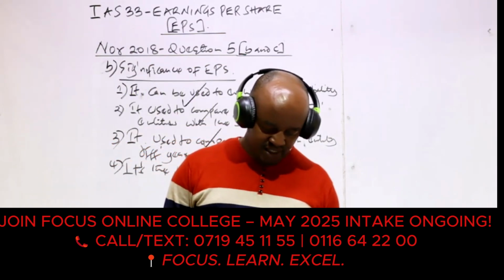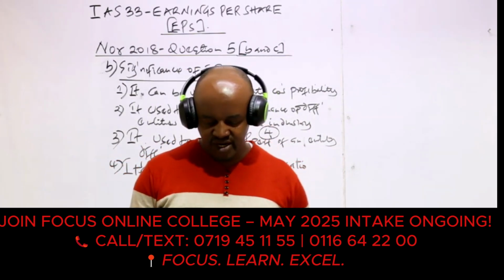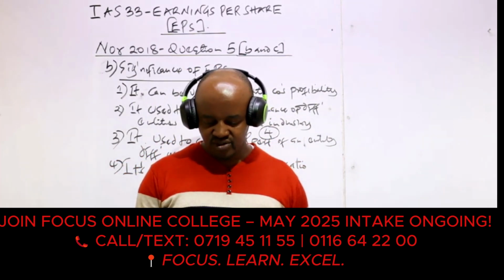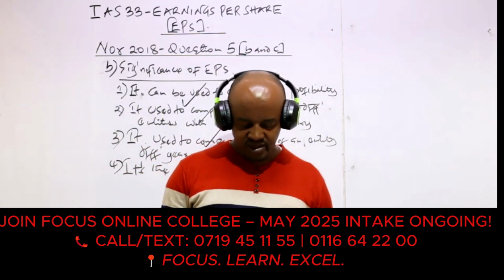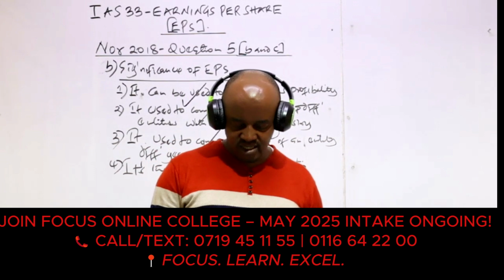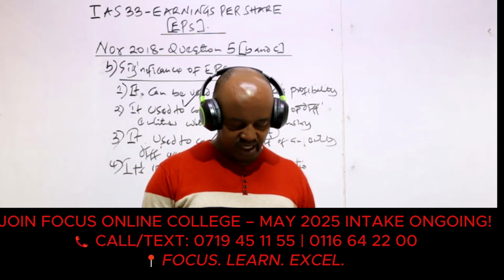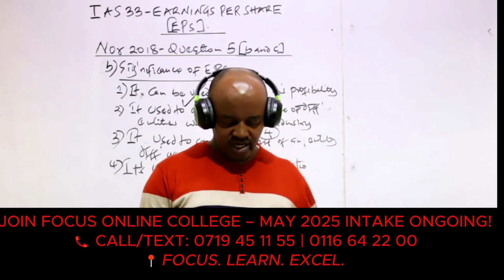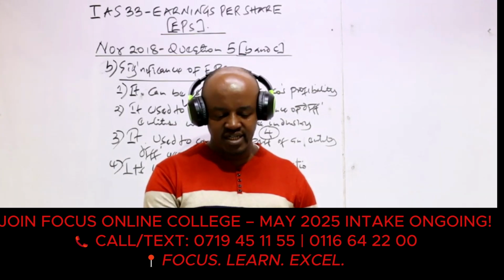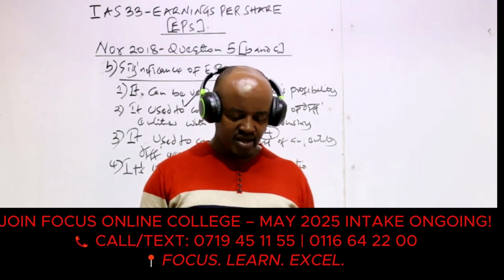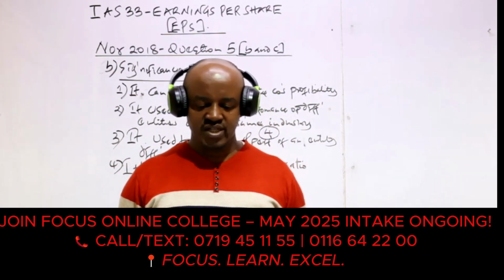So let's move to part C, which involves some computation, and it reads, IAS 33 Earnings Per Share sets out the requirement for calculating and disclosing the basic earnings per share figure for quoted entities. The following information appeared in the consolidated income statement and other comprehensive income of JHIN Limited for the year ended 31st of July 2018, together with the comparatives for 2017.